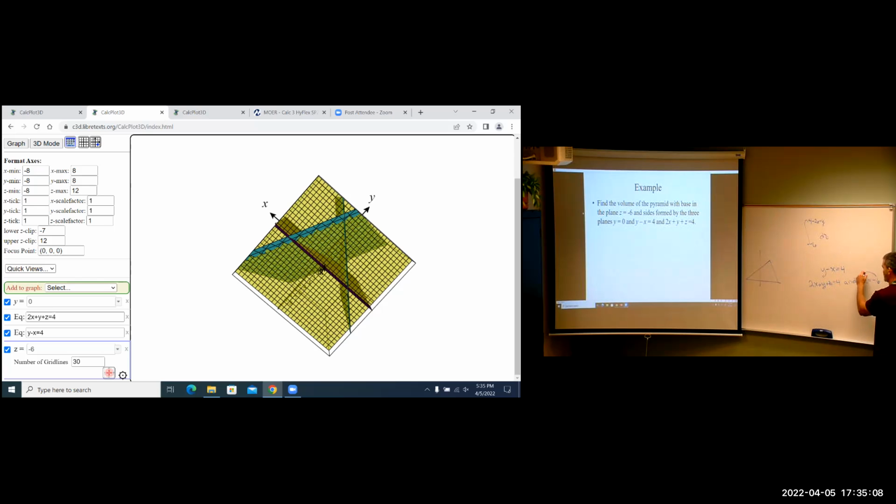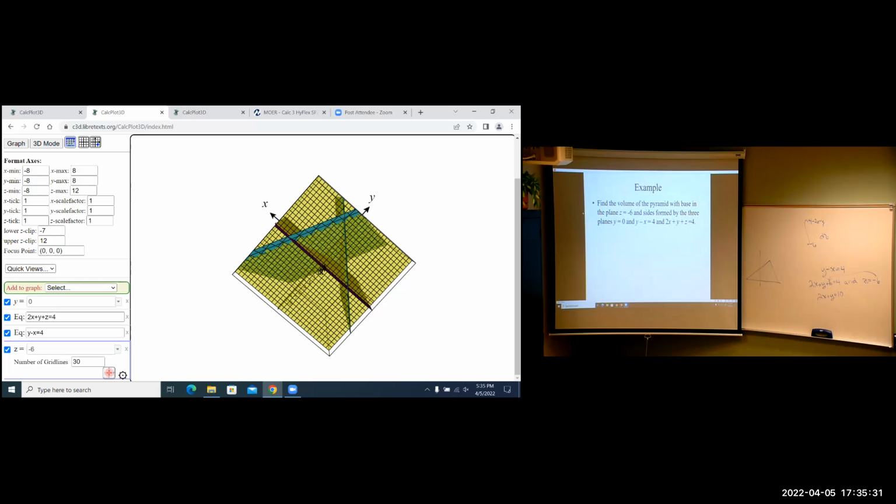So that -6 will plug in here, right? Because that's the plane we're in. Add it to the other side, and this becomes 2x plus y equals 10. Make sense?